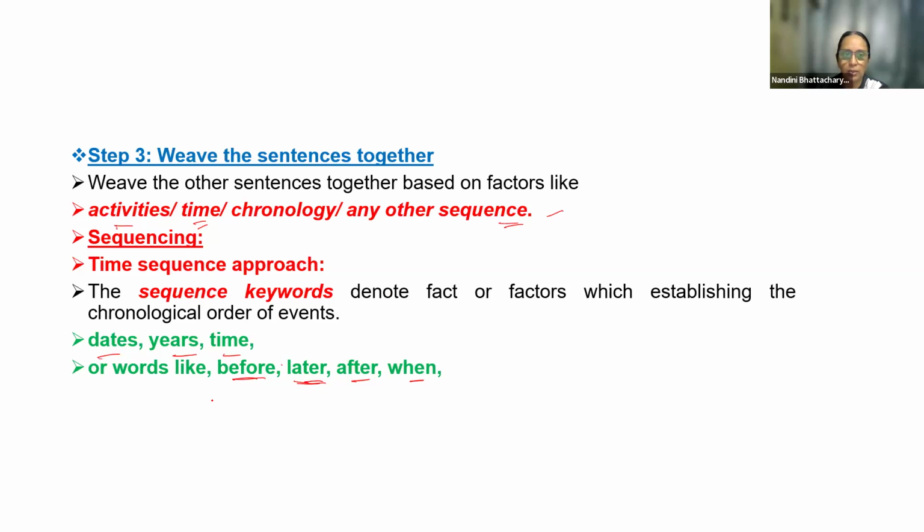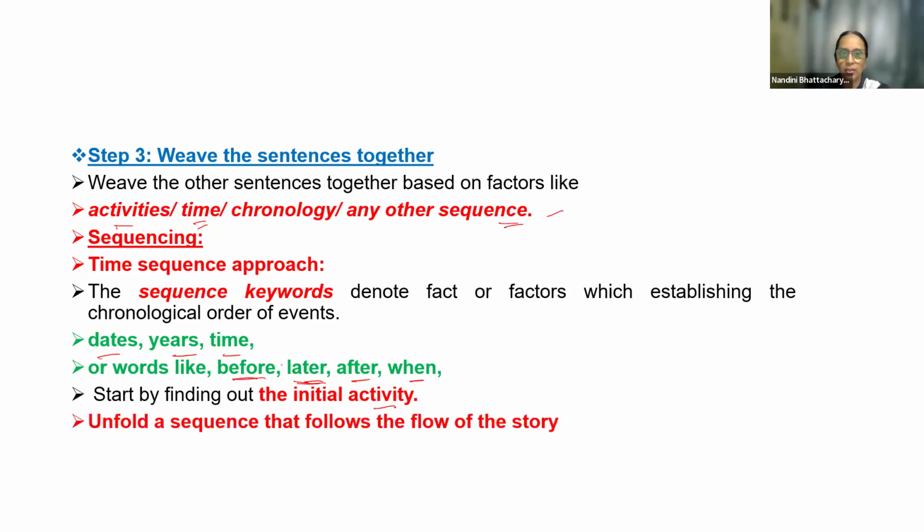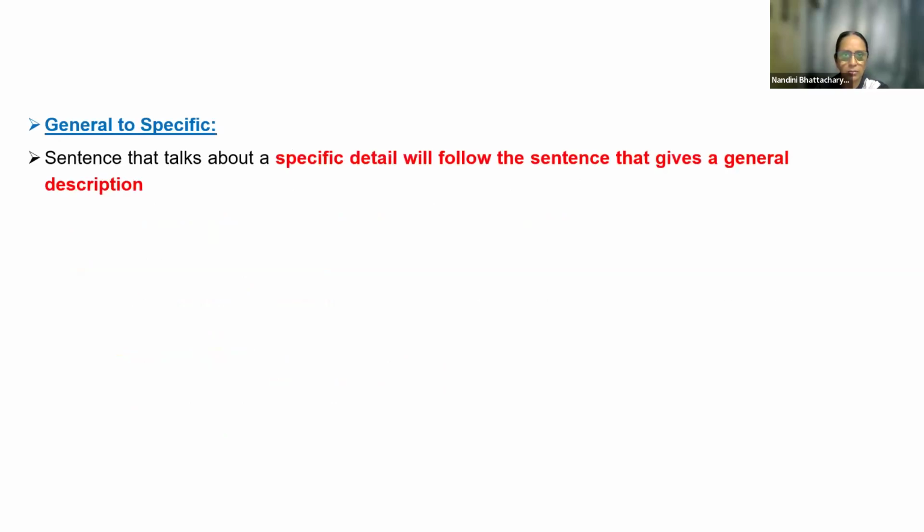Sequencing keywords will give you the clue to the order of the sentences. If you're talking about activities, what was the initial activity? Then you go on to what happened after that, right? Like when you read a story, you don't begin from the middle. If you begin from the middle, you won't get a clue of what happened before. So the sequencing of events is important.